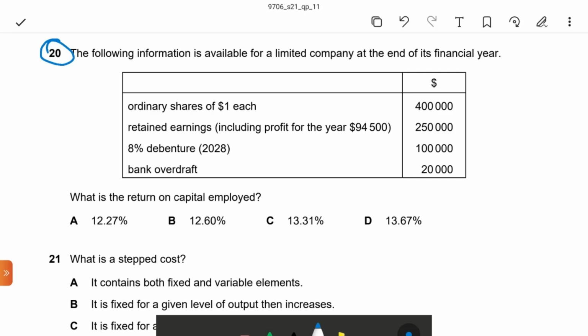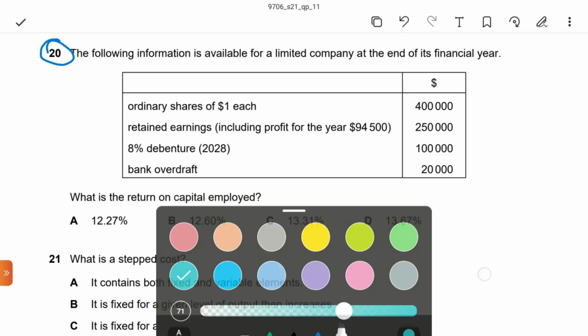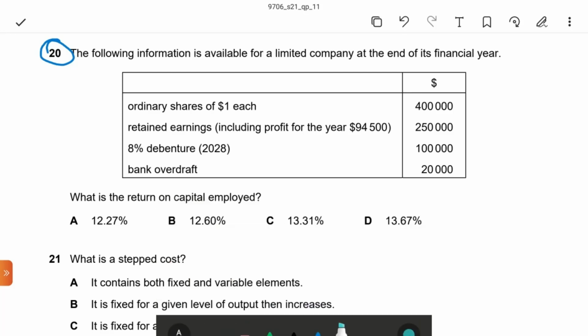The following information is available for a limited company at the end of the financial year: ordinary share, retained earnings, debenture, bank overdraft. What is the return on capital employed?